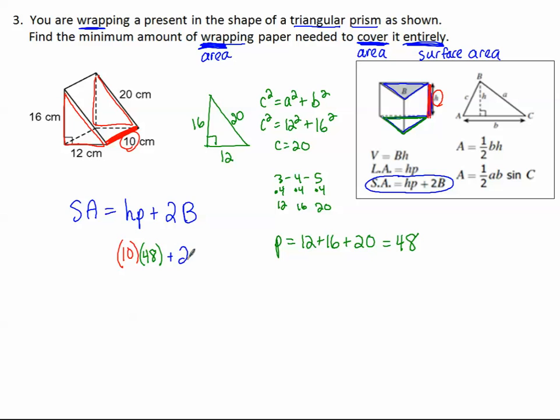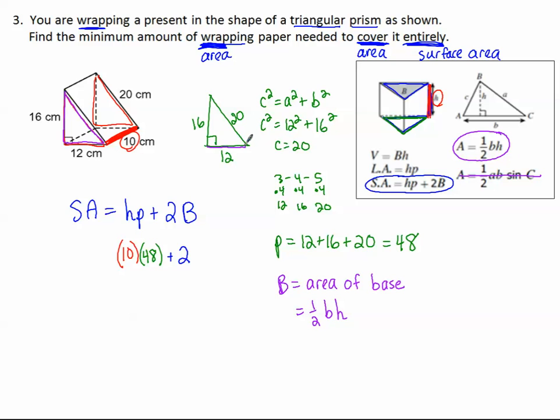Now we're going to add to that 2 times capital B. Well, capital B means the area of the base. Well, if the base is a triangle, then I need the area formula for the triangle. And we're usually going to use this one. So that's going to be 1/2 times the length of the base times the height.